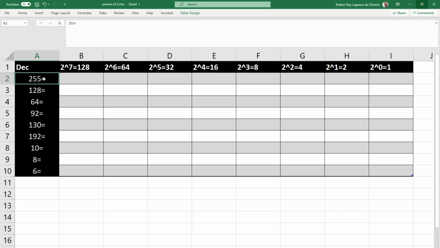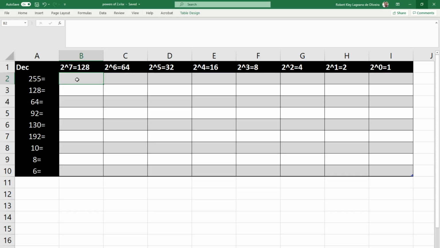If it is, we can divide it. By dividing it, I mean the result will be greater than 1. So 255, is it greater than 128? Yes, it is. So this is the first answer we have.